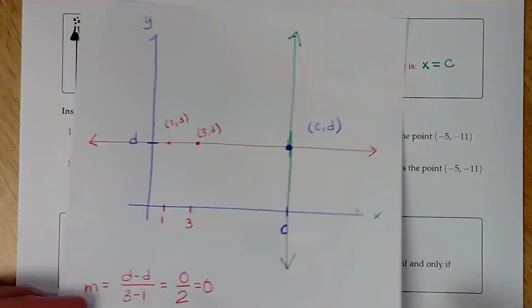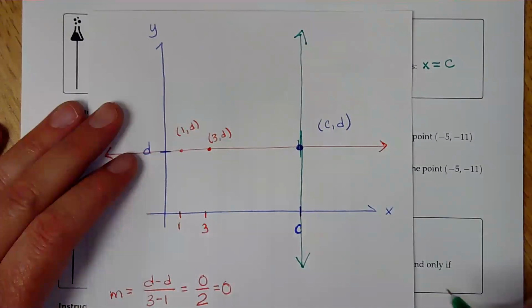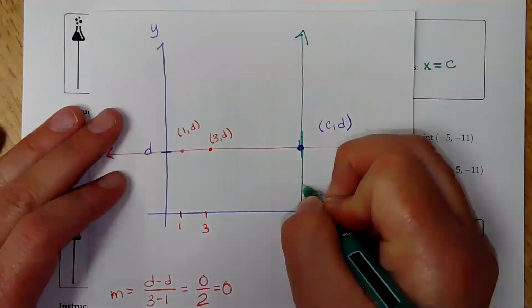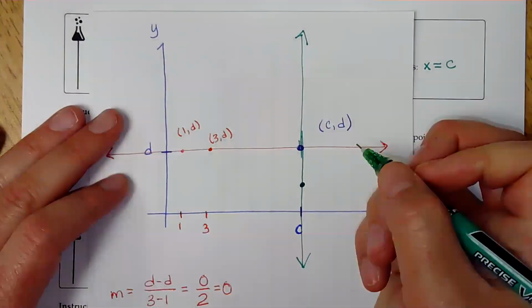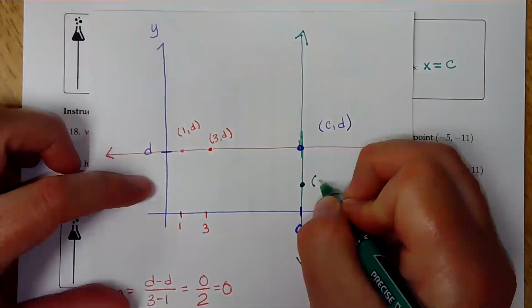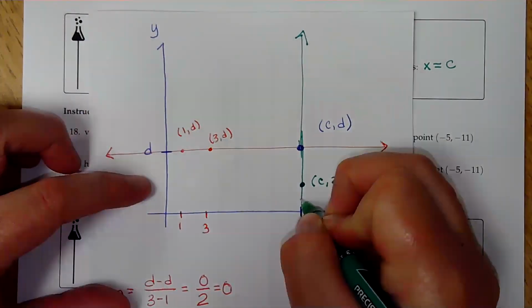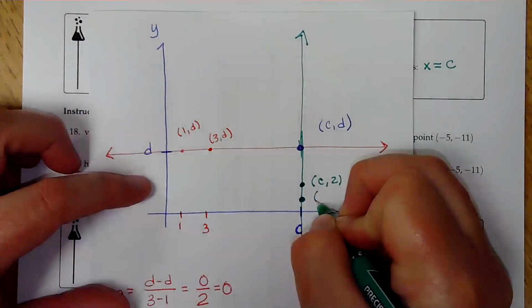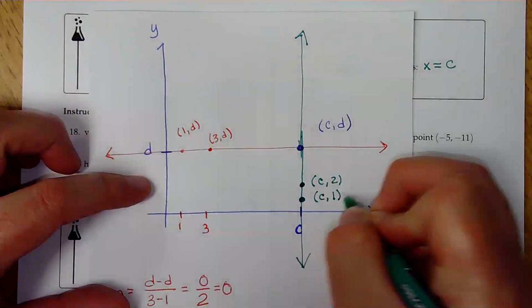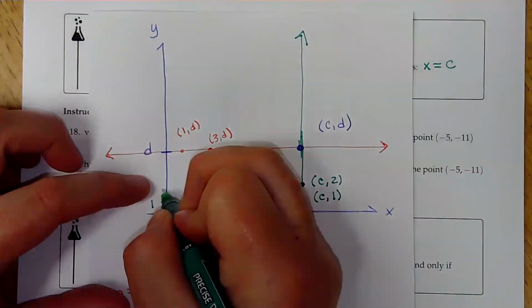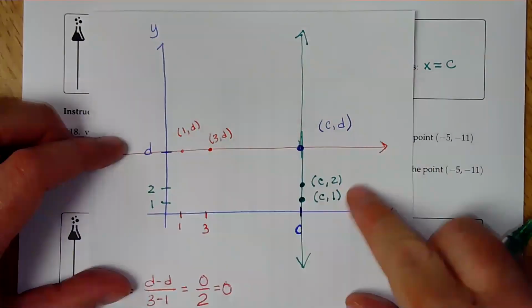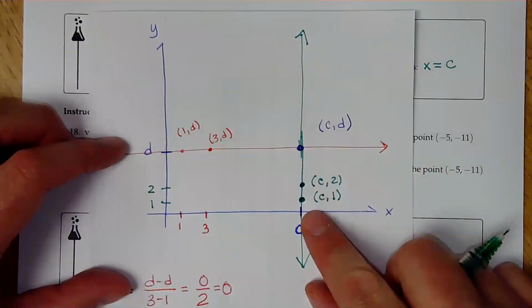And then let's look at the slope for this. So let's put 2 points on here. So let's maybe call this point here c comma 2. And I'll make this one here c comma 1. Right, so maybe this is 1 and this is 2 here. Okay, so our y value changes, but that x value is fixed.